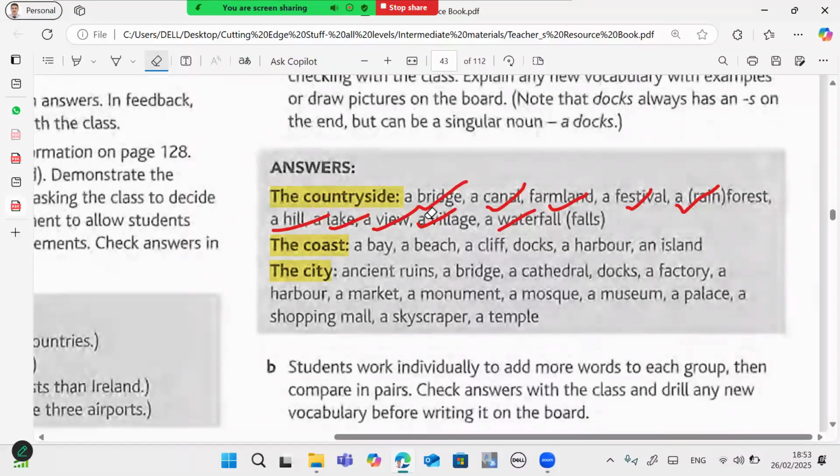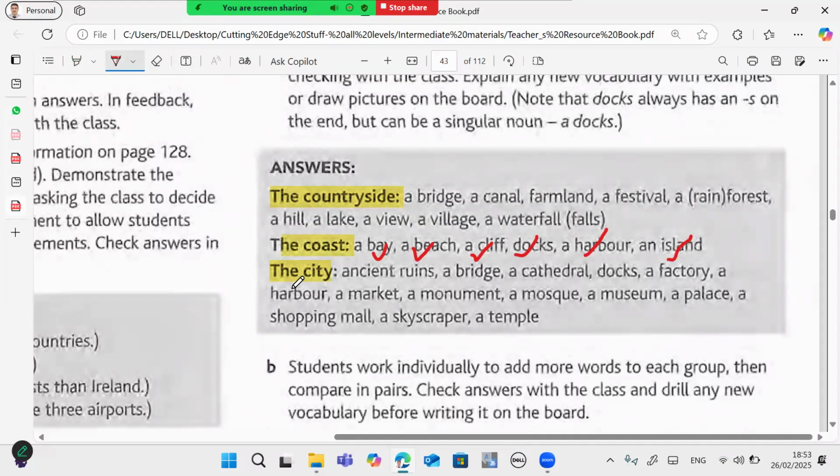So these words are related to the countryside. And what about the coast? You can see a beach, a bay, a cliff, docks, a harbor, an island.